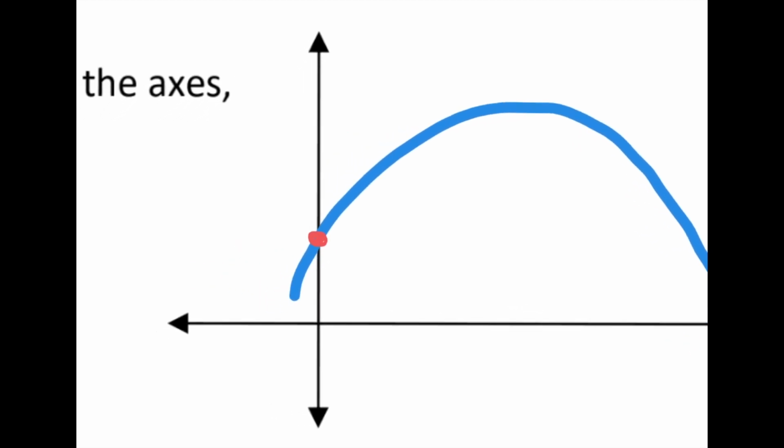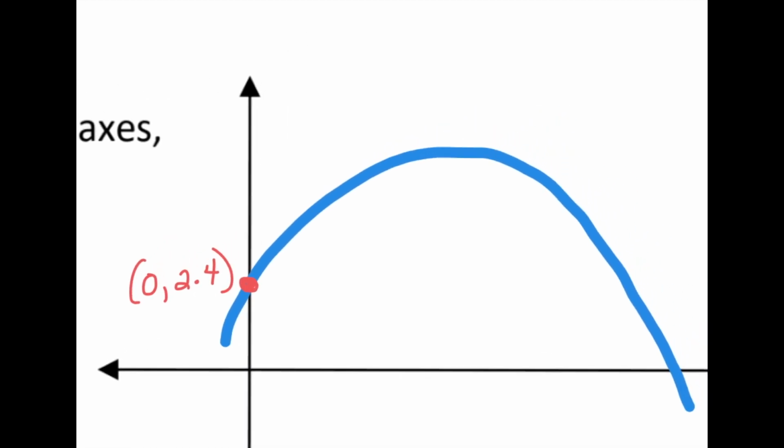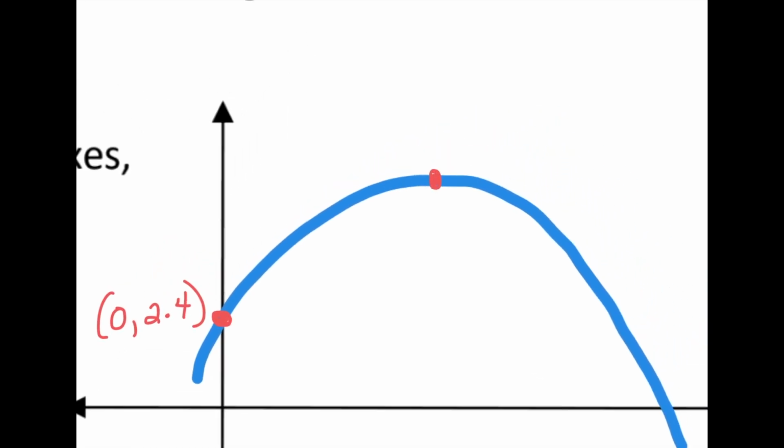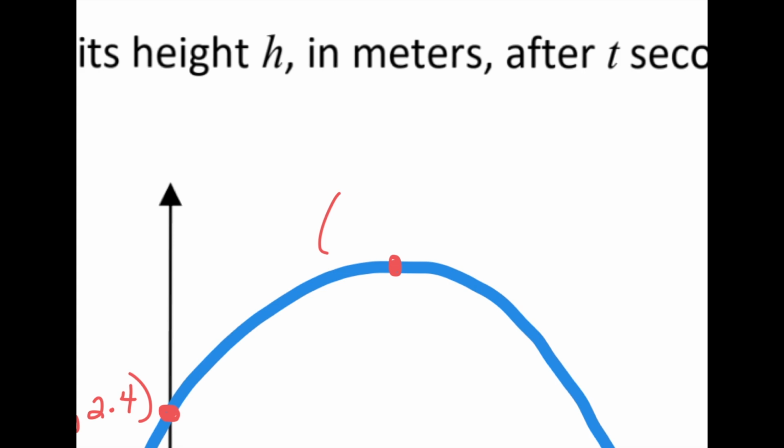The y-intercept is 0 and 2.4. And the maximum here is, and here's where I would recommend rounding to 2 decimal places.